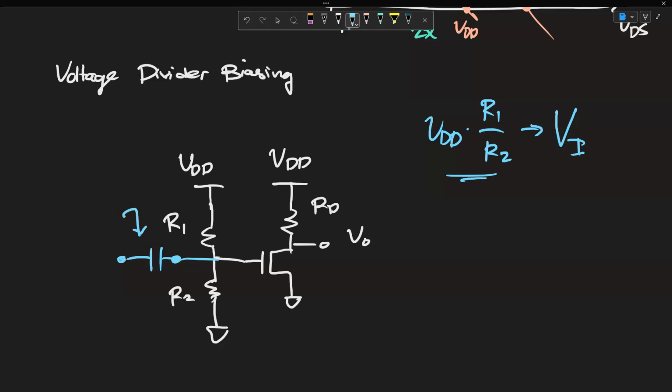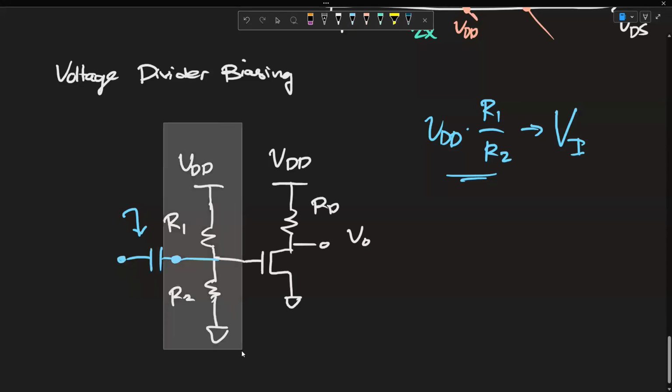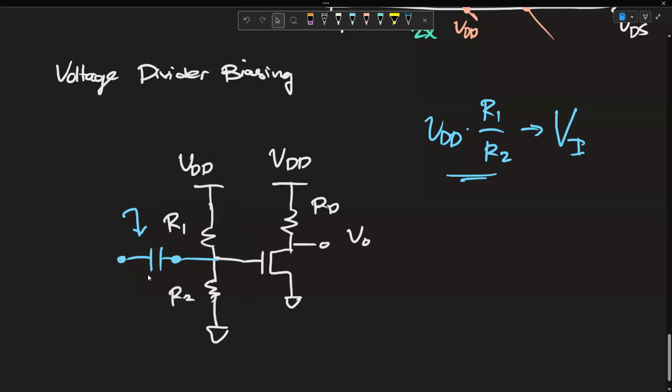Well, because our small signal has a high frequency, the capacitor acts as a short to it, but it decouples the DC bias circuit from our circuit. So we just place a capacitor there and here. Okay, R1 over R2 plus, sorry, my voltage divider is upside down.